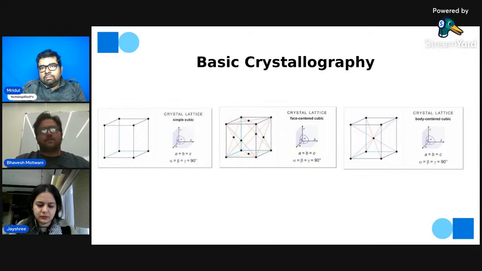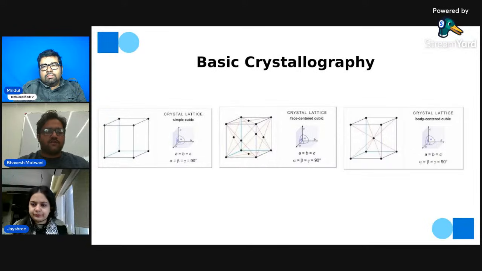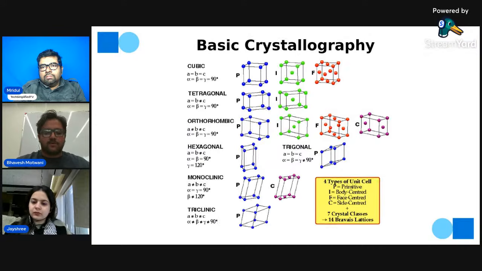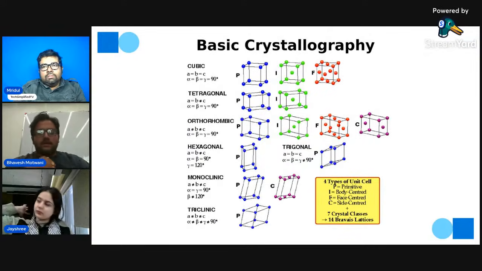It is very important to understand crystallography because based on that we can understand a material's defects, including materials like wafers. It is all based on how the wafers which we have created are aligned and properly structured. Basic crystallography has seven different shapes.